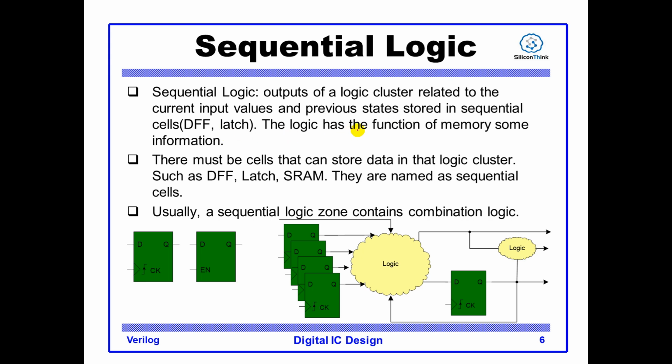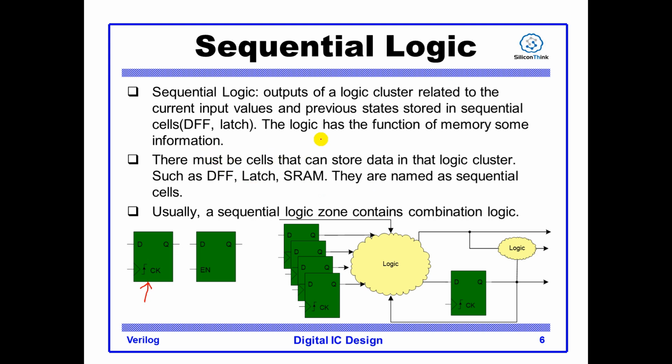The logic has the function of memorizing some information, such as the DFF. If there is no clock rising edge for this DFF, the Q output will not change. Even if you change the value at the D input, the Q will keep stable, keeping its last value. So it has the function of memorizing something in this cell.